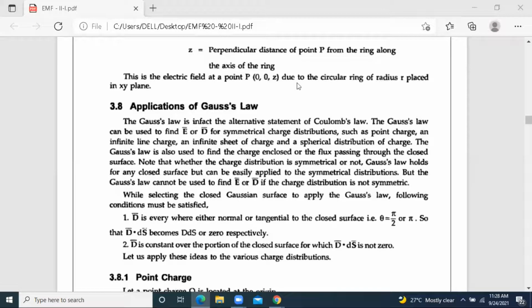Differentiation. y equals x squared, what is dy by dx? Oh, 2x. Yes sir, I did that. 2x. Right.